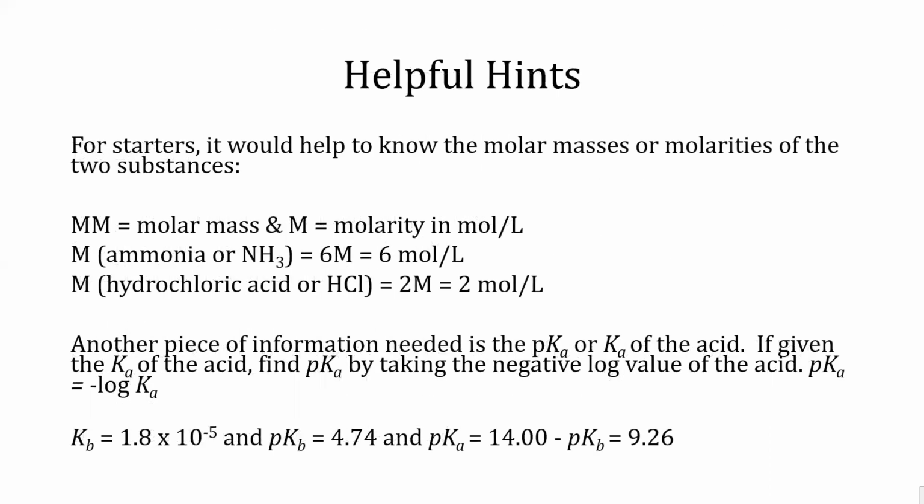For starters, it would help to know the molarity of the solutions. M equals 1 M equals 1 mole per liter for ammonia. M of hydrochloric acid equals 2 mole per liter.